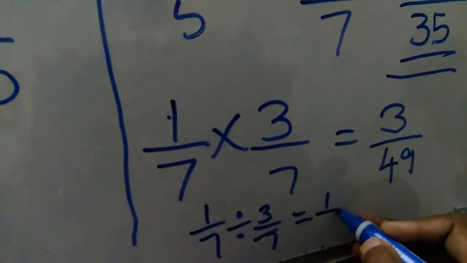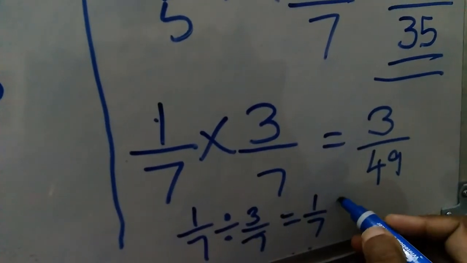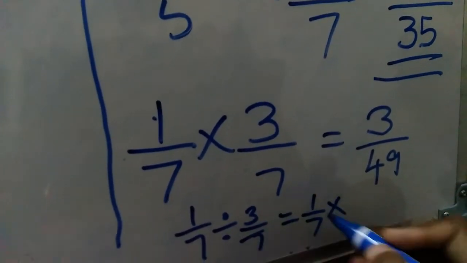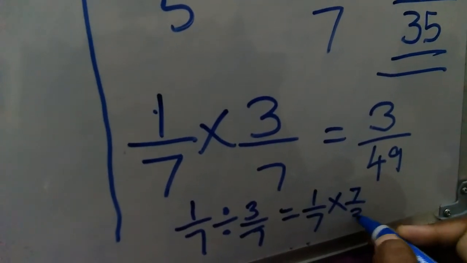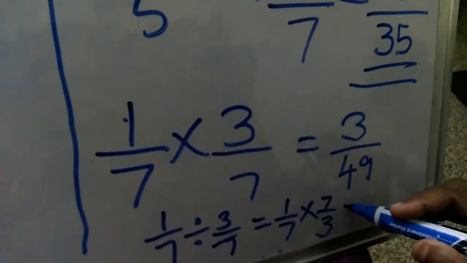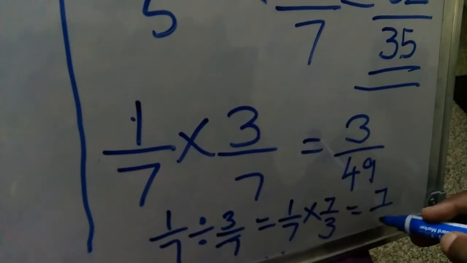So 1 upon 7, division changes to multiplication, then inverse 7 upon 3. So 7 into 1, 7, 7 upon 21.